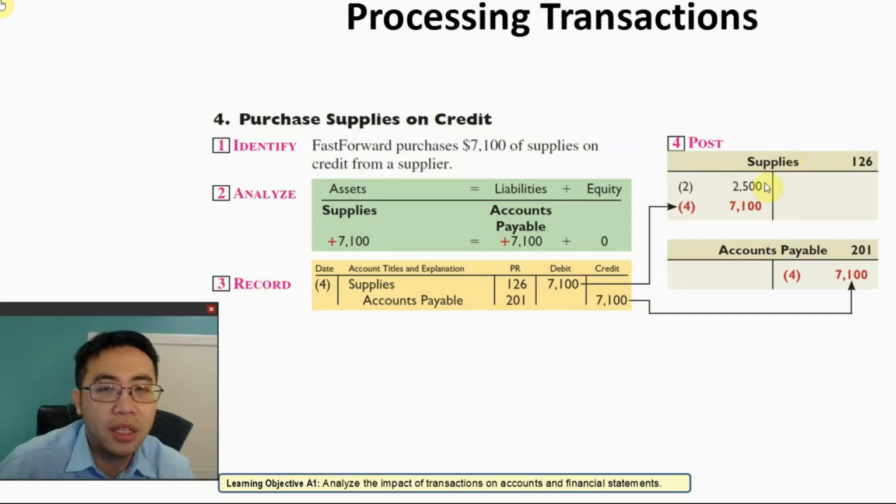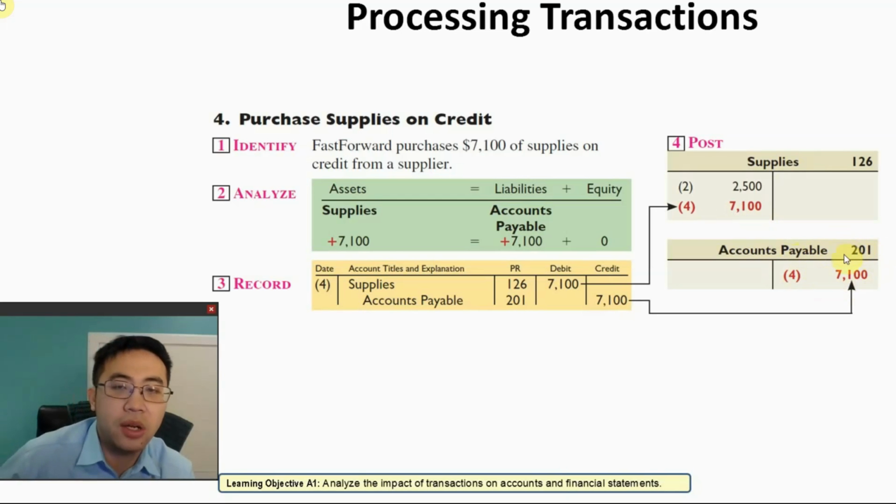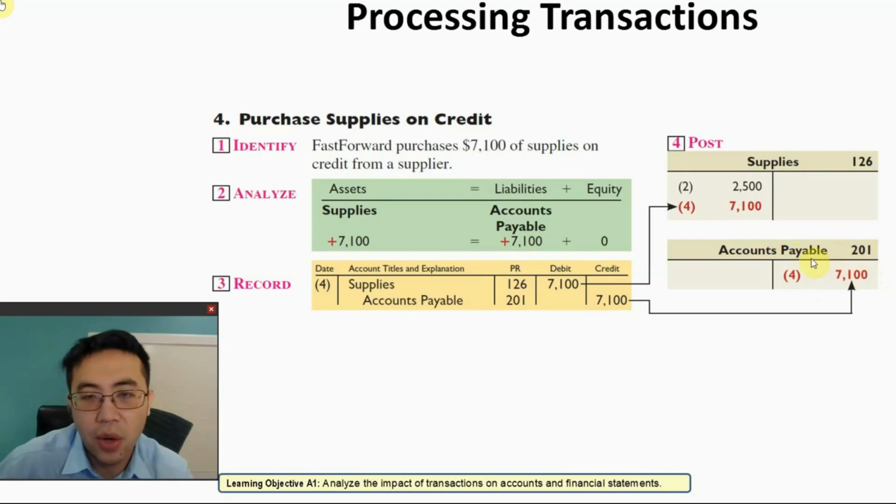One item is from the second activity, the next item is from the fourth activity. And then you also have accounts payable, which is recorded as a new general ledger. And right here, it has only one activity. That one activity makes your accounts payable increase by 7,100 because of the liability, that's a credit.